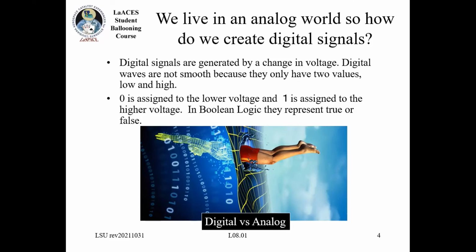Or if you look at light with your eyes, you can see that it varies sort of continuously in color and intensity. So the question then becomes, how do we create these digital signals, which is what we have to use for our electrical processing, out of these analog physical signals?